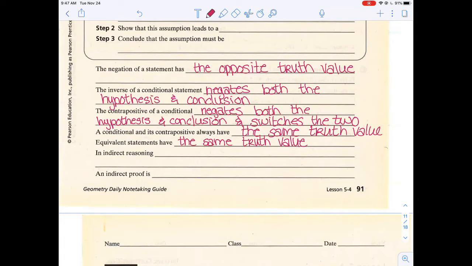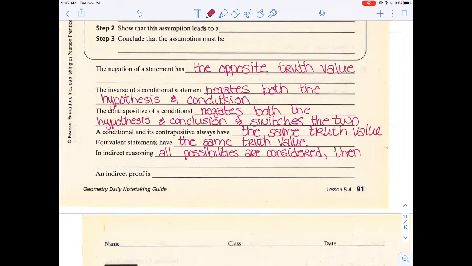And then indirect reasoning. In indirect reasoning, all possibilities are considered. After you consider all the possibilities, then you prove all of them false except one.